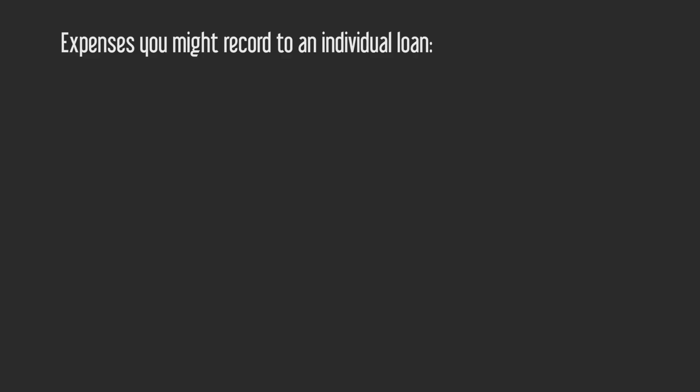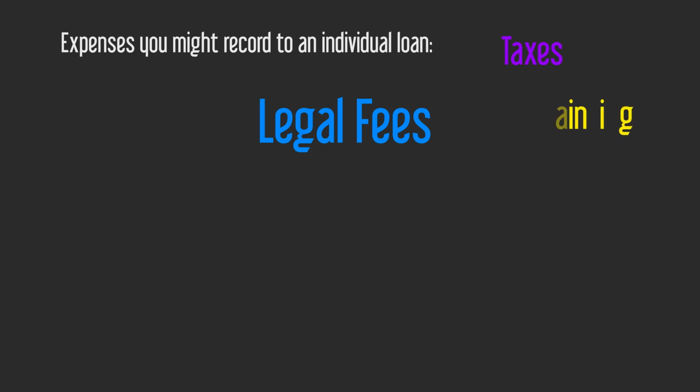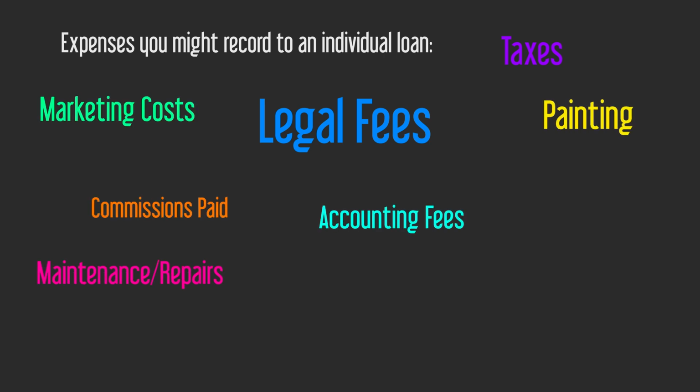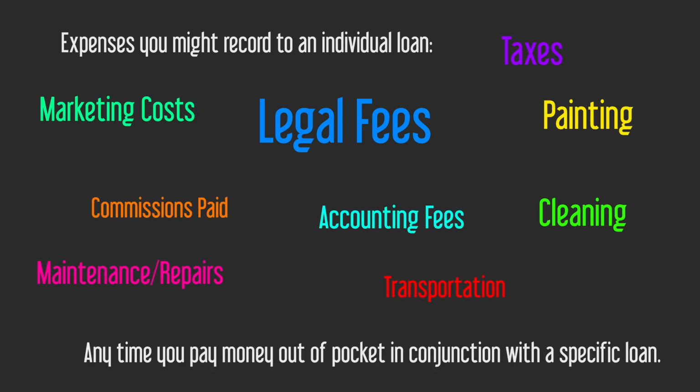As the counterpoint to the income, you also have expenses related to your loans. Expenses you might record on the Expenses tab could include anything from attorney's fees, accounting fees, or postage, or appraisal fees. It's very common that you will also record an expense as a fee on the loan.